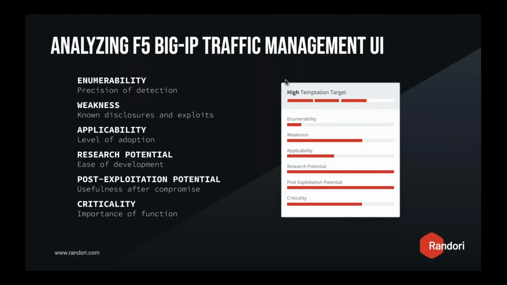Then we have post-exploitation potential. So this is what type of environment I'm going to get into if I land. This is pretty close with research potential, but what's going on here is, when I exploit something, how likely am I to be on a system that I know anything about, that tooling is going to work on.